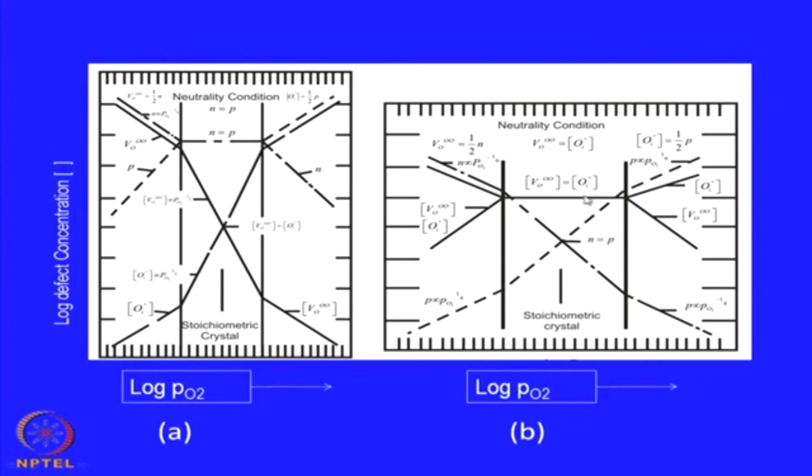This is PO2 independent region where the compensation is ionic compensation, whereas here it is also PO2 independent, this small region, but the compensation is electronic compensation, right. So, what it basically means is that this is a stoichiometric crystal, this is also a stoichiometric crystal.